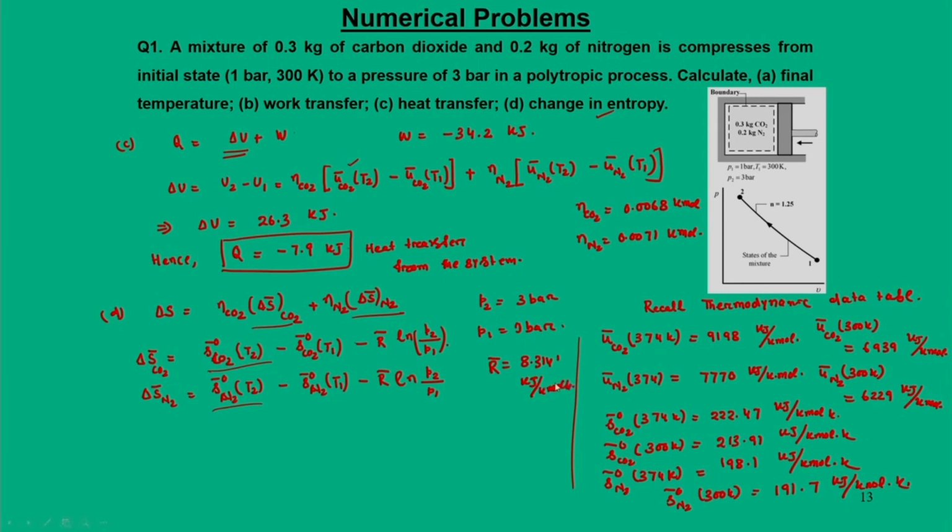By inserting these numbers we get delta S equal to minus 0.0231 kilojoule per Kelvin. So, for the mixing process it is a negative quantity, which means the entropy during the mixing, since heat transfer is negative, is also a negative value.